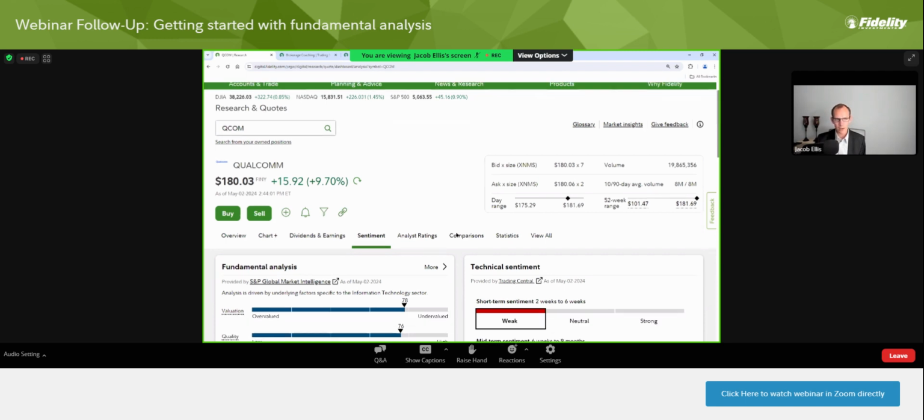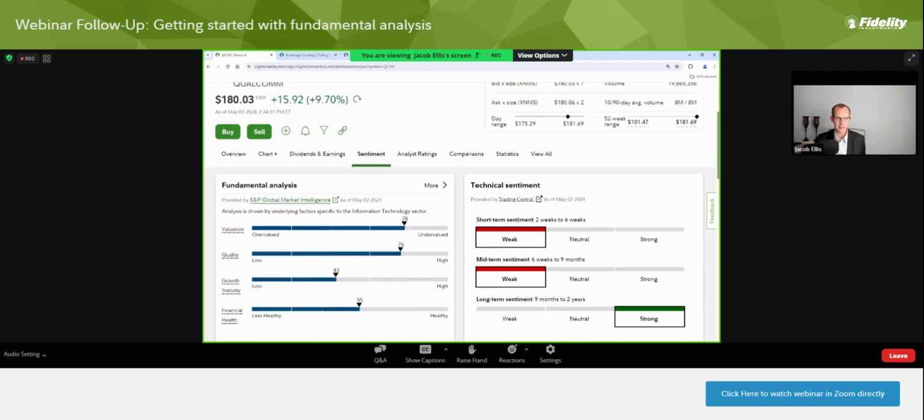And as I scroll down, we have the fundamental analysis sentiment, which we spent a decent amount of time looking at, understanding this 0 to 100 scale. The higher it is, the better. And we've got a relatively high valuation, relatively high quality, relatively middle growth stability, financial health slightly above the middle.